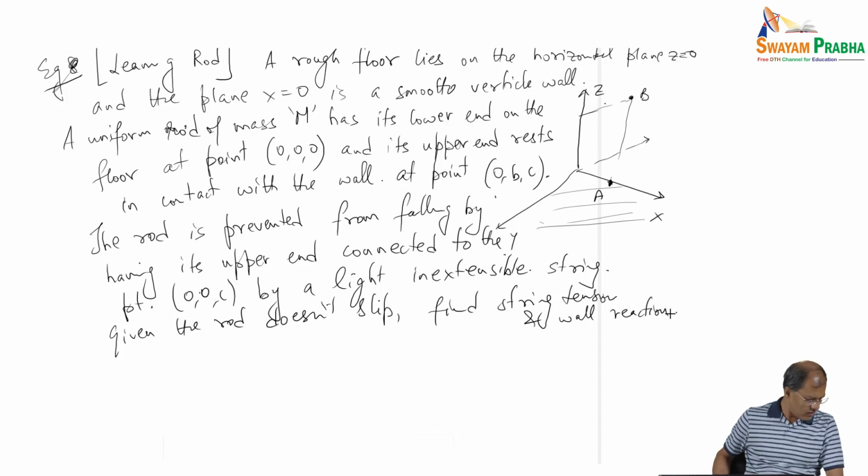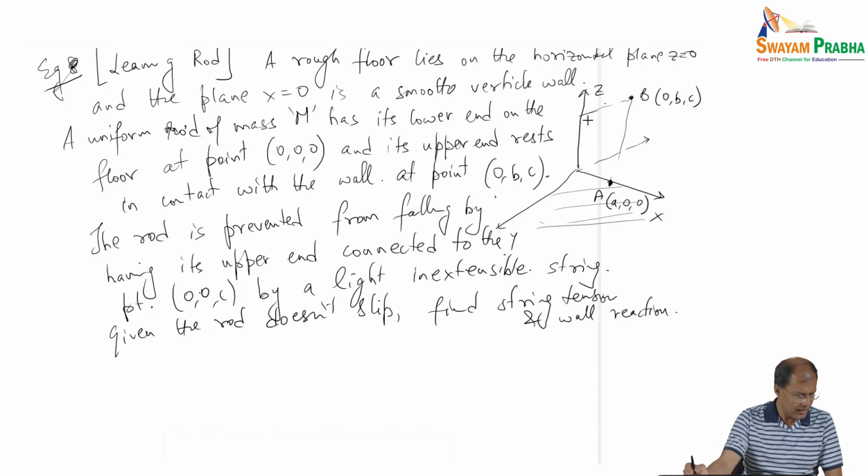Okay, so what is given is we have a rod which has its lower end at the floor. So the floor point is at a, 0, 0 and the upper point is at 0, b, c, right? And now the string is connected to the point 0, 0, c.